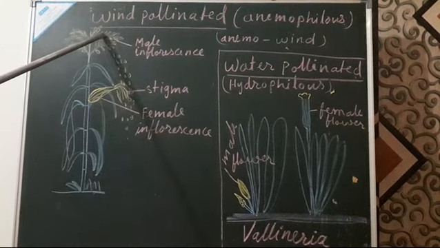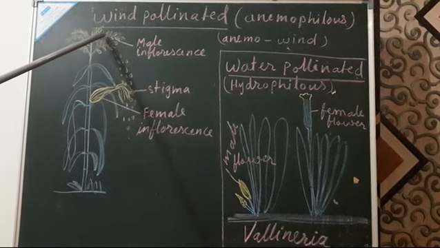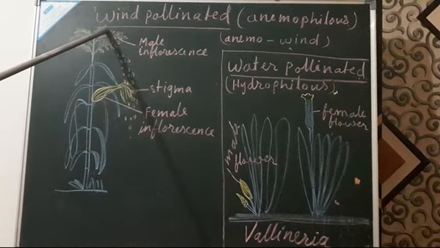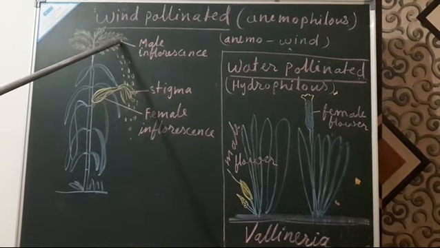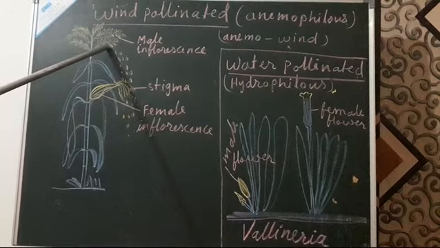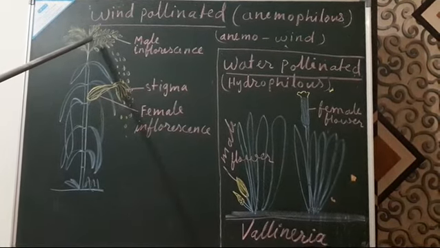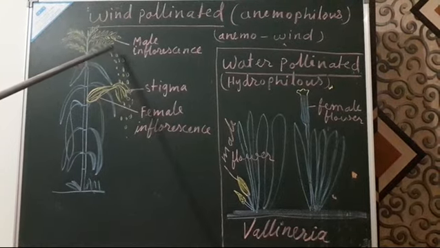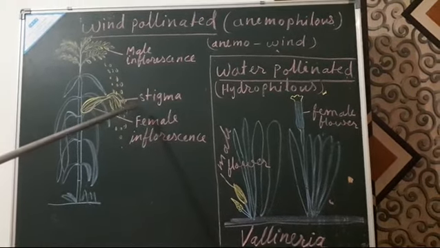Here the stamens are there with anthers. Pollen grains are very loosely attached. They are very smooth and loosely attached, so that with a slight wind they can be blown to the stigma of another flower.